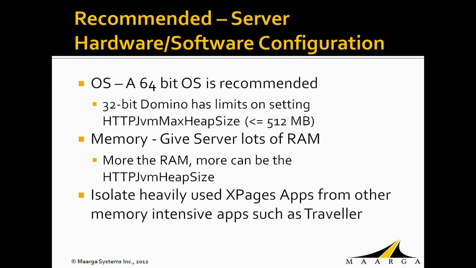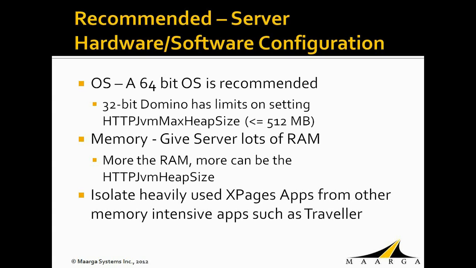So that's the reason we need to have a 64-bit OS if we have a strategy for a lot of XPages applications in place. And also, we need to do some kind of balancing when deploying applications on the server. It's always better to isolate memory-intensive applications such as Traveler and other highly used applications from the server, so that it does not affect the performance of the rest of the applications hosted on the same server.